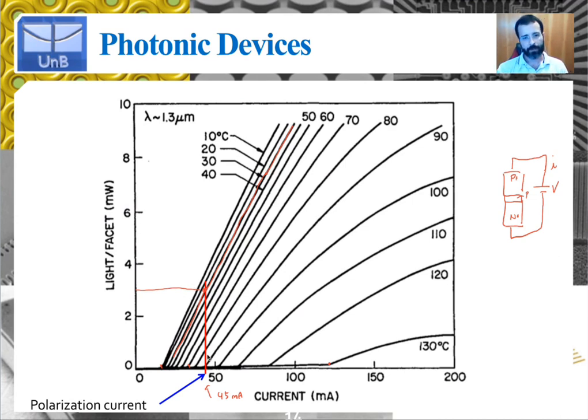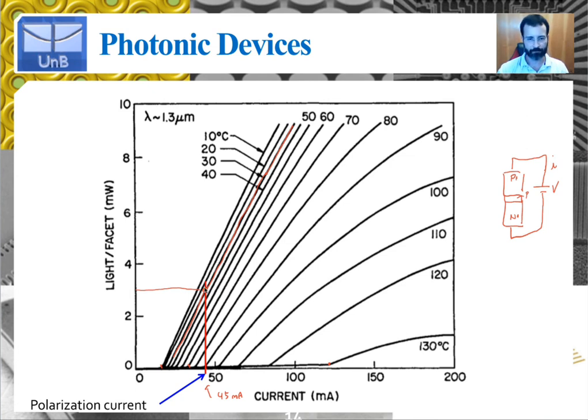So if the temperature changes, let's say to 40 degrees C, or to 20 degrees C, you see that you would actually be moving along this vertical line right here, and the emitted power could go from, let's say, that the temperature went down to 20 degrees C, that the emitted power could go up to 3.3 milliwatts instead of 3.